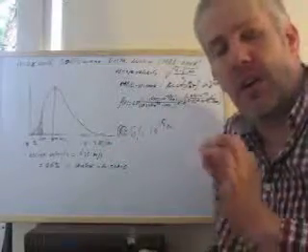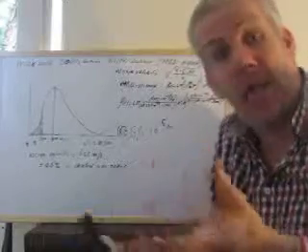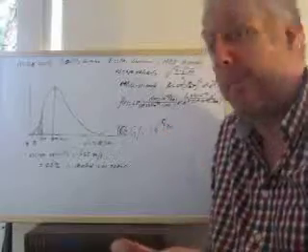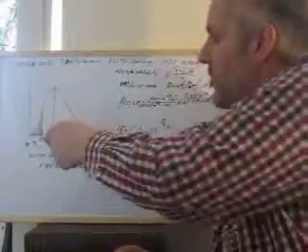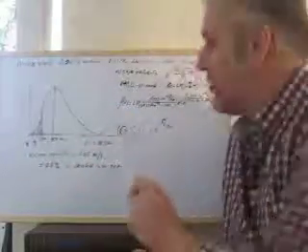If you look at the speed distribution of hydrogen atoms at 100 Kelvin, which is only in favor of your theory, then the top of the distribution is at 1300 meters per second.